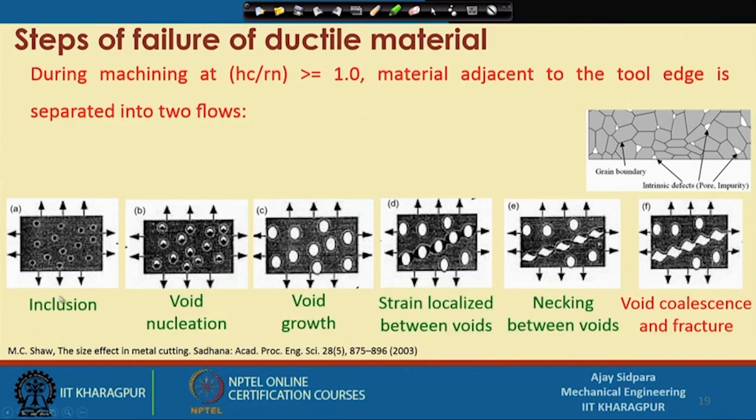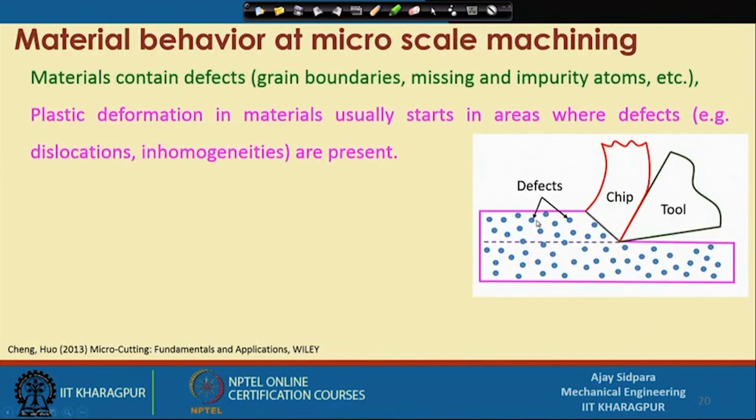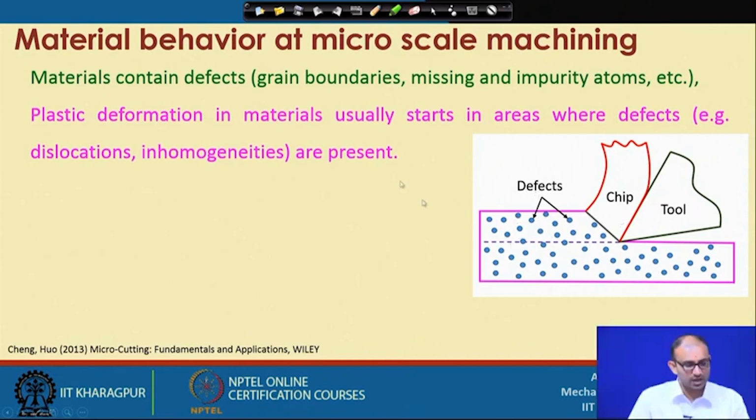And these are the different stages through which the material gets fractured, starting from the inclusion, and then it will pass through these different steps. And then we have seen what the effect of the presence of these defects during material removal is, and we have found that if the defect levels are very high, you can easily remove the material, but we know that we are removing material at micro scale.